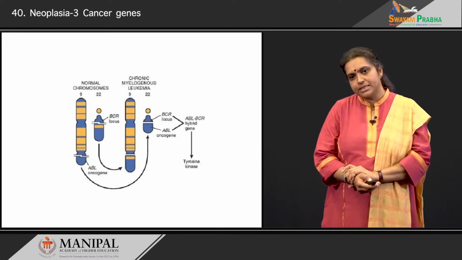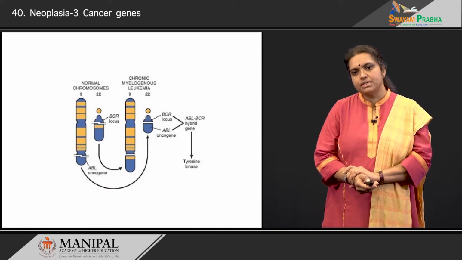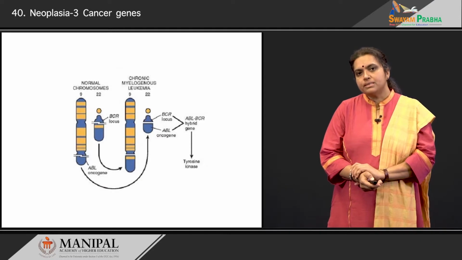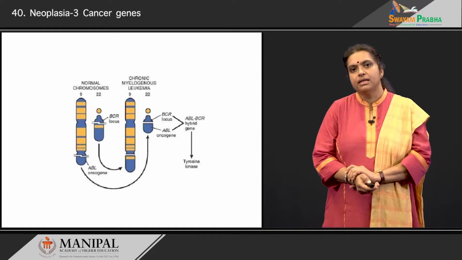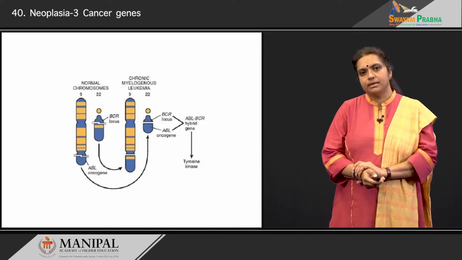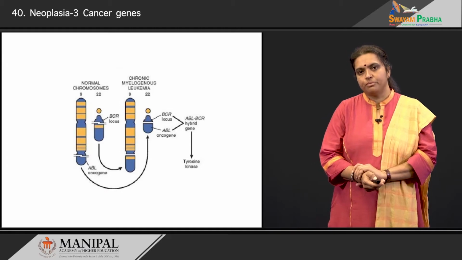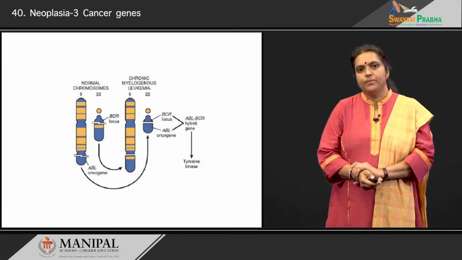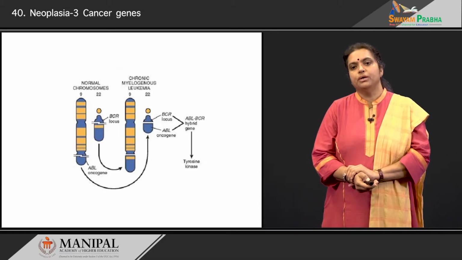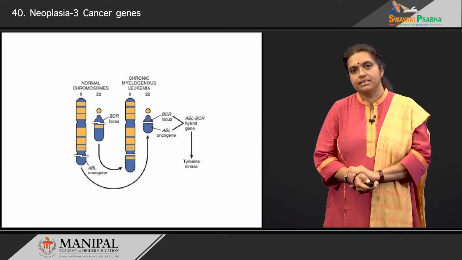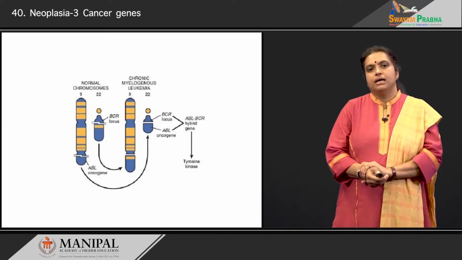to proliferate. Now, this example is very dear to all of us because this is one of the first molecular changes within a cancer that led to targeted therapy in Philadelphia chromosome positive CML patients, wherein you can use a tyrosine kinase inhibitor to tackle this increased production of tyrosine kinase in these patients.